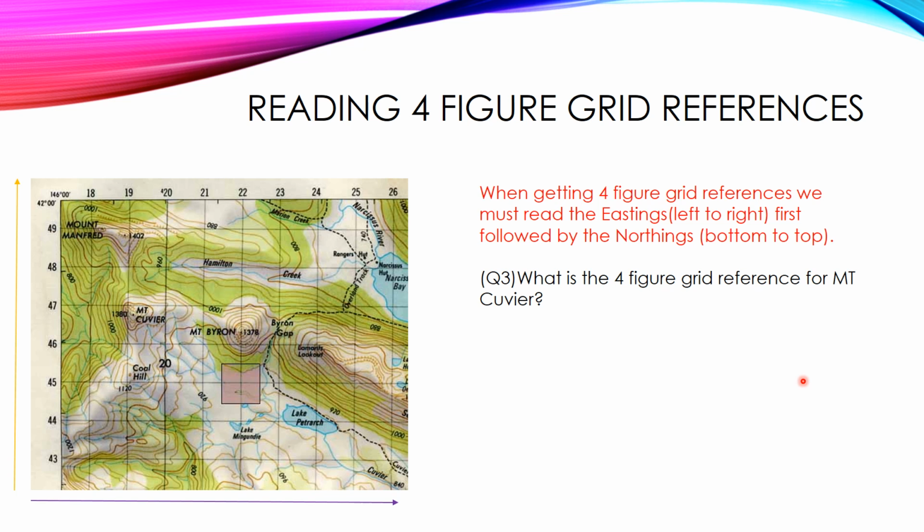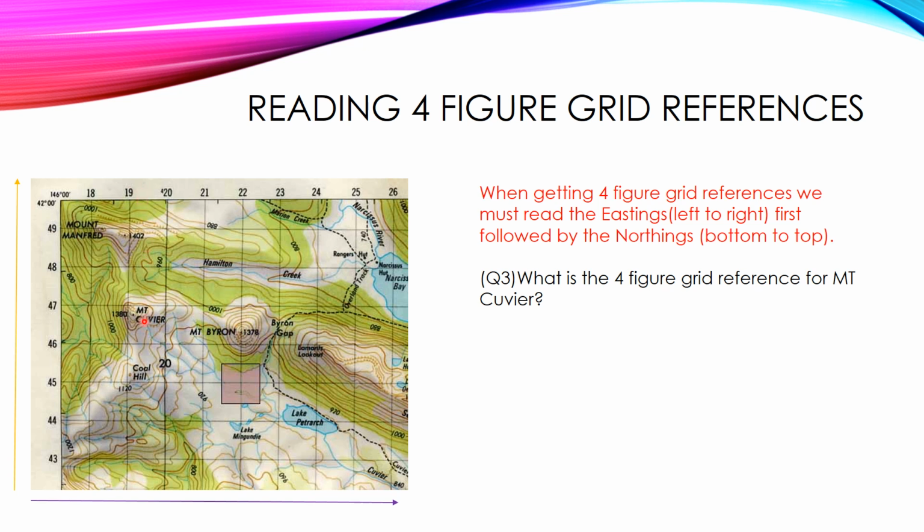So, if I want to know the 4-figure grid reference or the area reference for Mount Cuvier, I want to give the reference for that entire box. I give the easting first. If I look up here, we're in the 19 box, so my easting is 19.